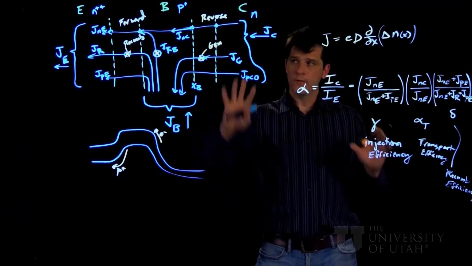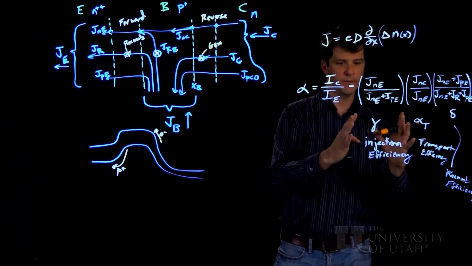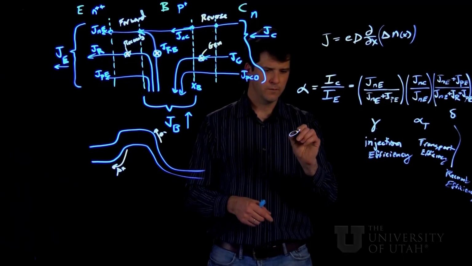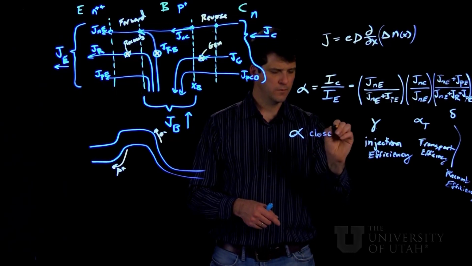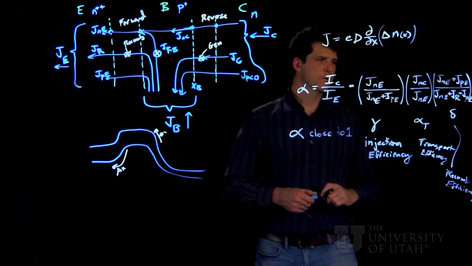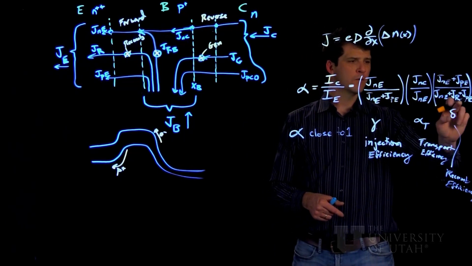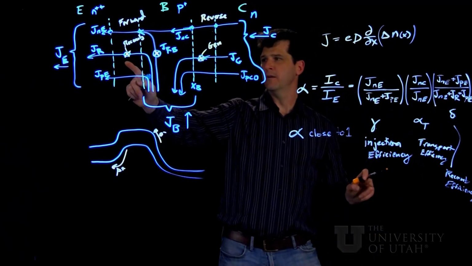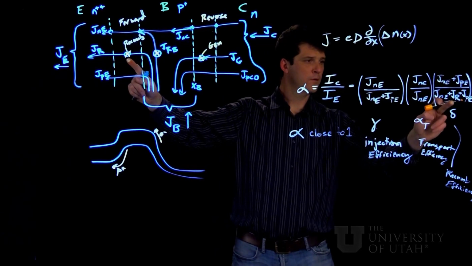So we can group all of these different currents into three different components, multiply them together, and again what we want is that alpha be close to 1, meaning that each one of these efficiencies is large. So we want to minimize the recombination current here in the forward bias junction here.